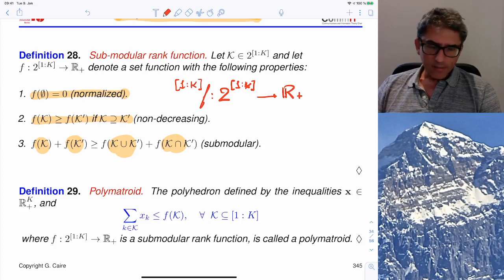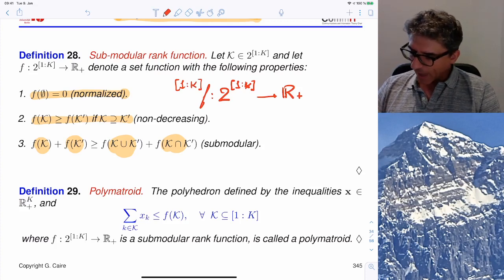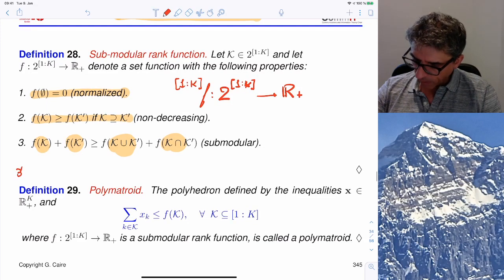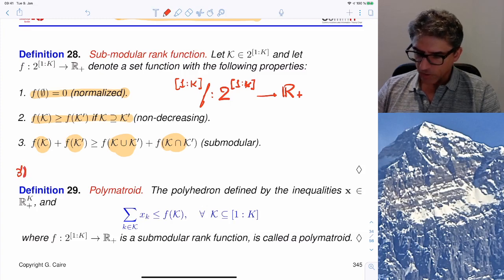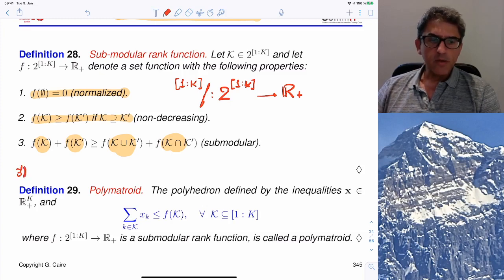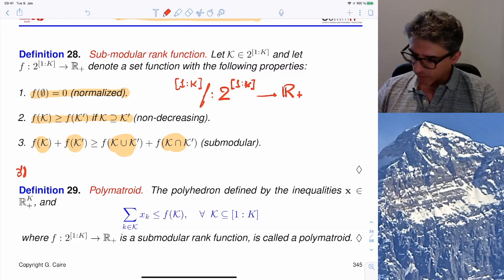So basically, I was saying another way of expressing submodularity, let's call it 3 prime, is an equivalent condition. It's a bit difficult to show that the condition is equivalent, but it's something that you can try to do as a homework. It's a very good exercise.